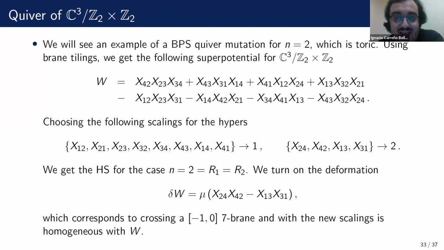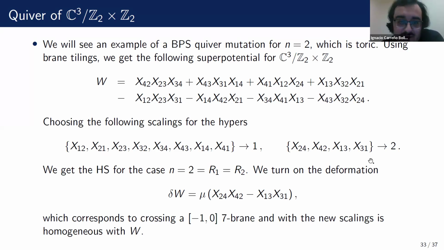This is a proper toric variety, and we can compute the quiver through brane tilings. So, for example, we get this superpotential, and in order to represent this non-trivial choice of scalings, instead of giving all the hypers the same grading, we take these four apart and give them a non-trivial choice.